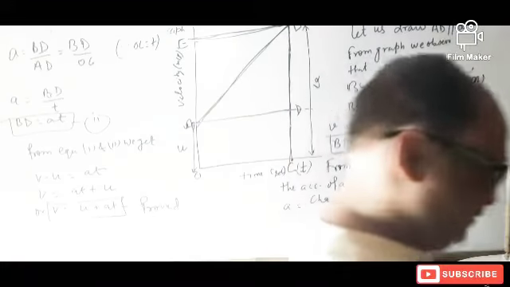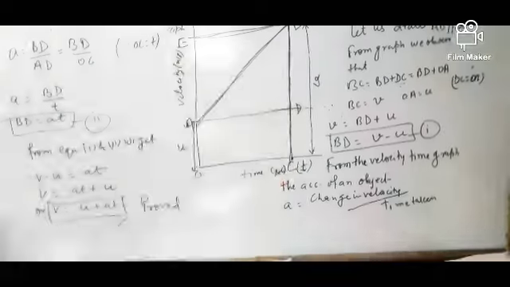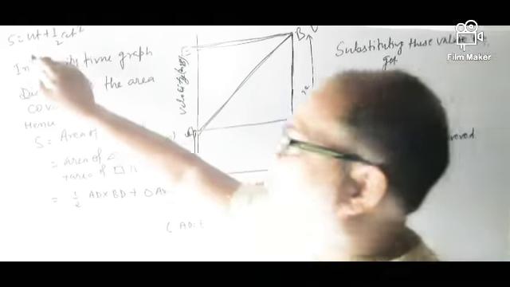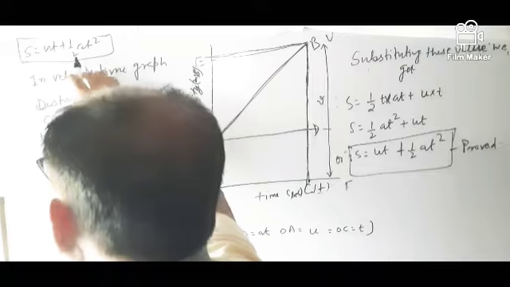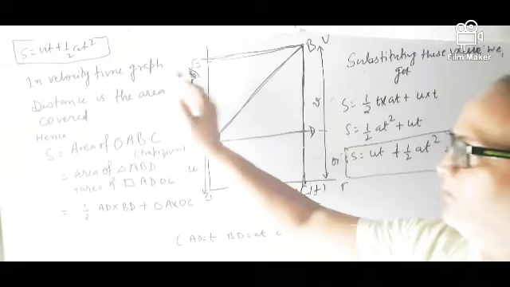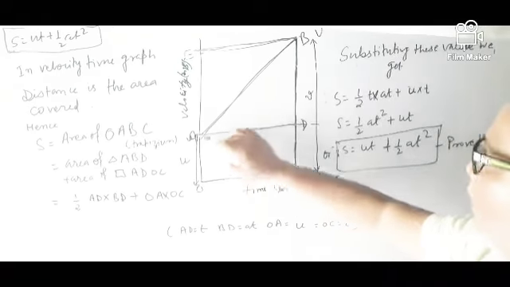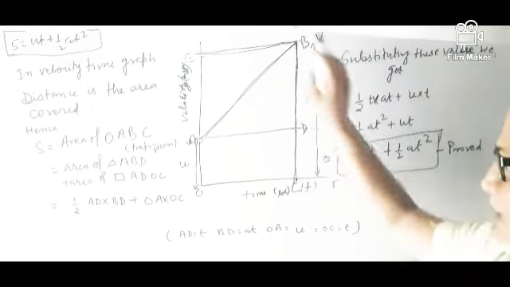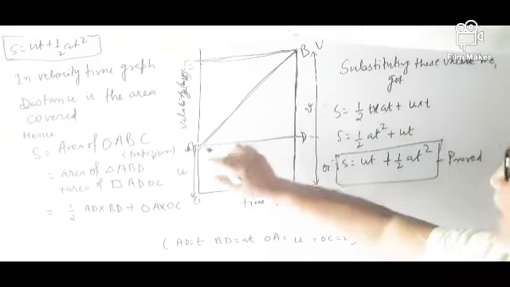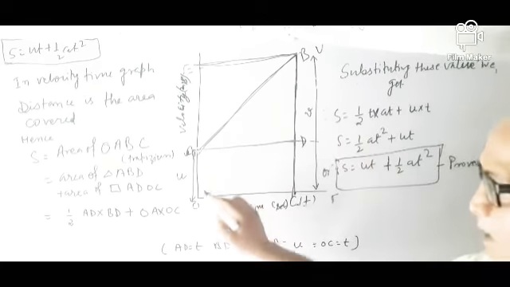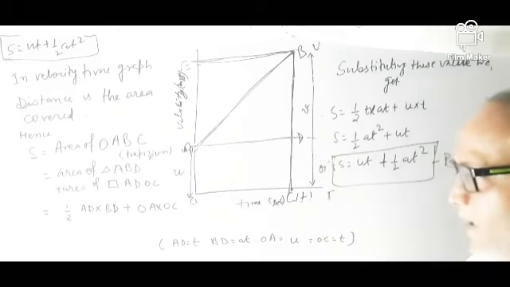Okay, then we start the second equation of motion. Here we will discuss the second equation of motion, S is equal to ut plus half at square. In the velocity time graph, OABC is a trapezium, in which ABD is a triangle and ADCO is a rectangle.